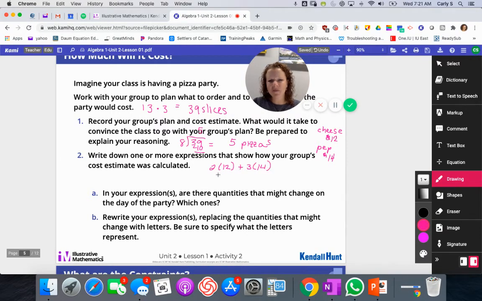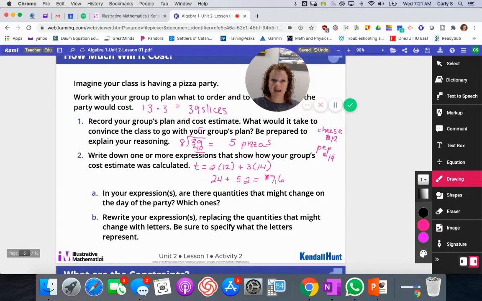I think that would be our total cost of pizza. So 2 times 12 is 24, plus 3 times 14 is 42, which is $66... let's say $76. I think that's right. I bet you guys will tell me if I'm wrong. Okay, that's what we're spending so far.